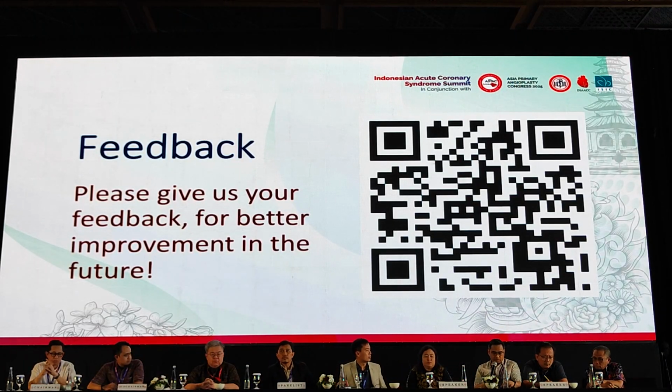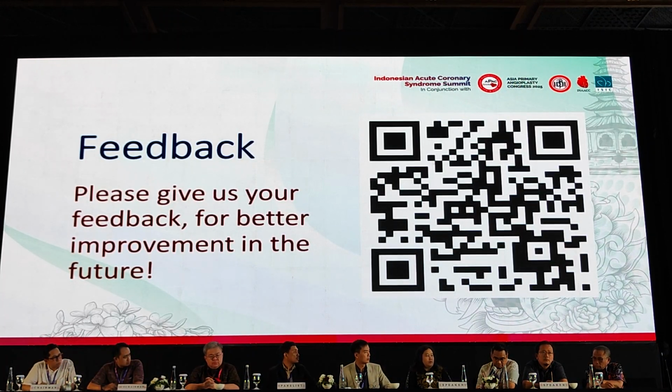So yeah, we have a mismatch in the mortality, especially in the very high risk group. I can see that even an early invasive approach in the very high risk group is associated with higher in-hospital mortality.